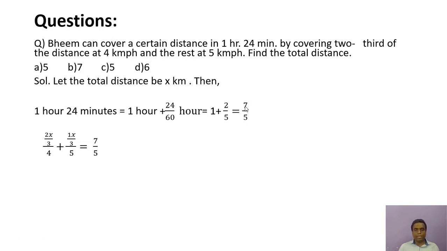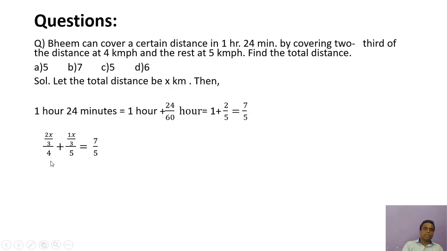Now we can get the individual times. Our total time is always the sum of individual times. There are two journeys. First, two-thirds of the journey with 4 km per hour, and the latter one-third of the journey with 5 km per hour. For the first case the speed is 4 km per hour, and for the second case it is 5 km per hour.